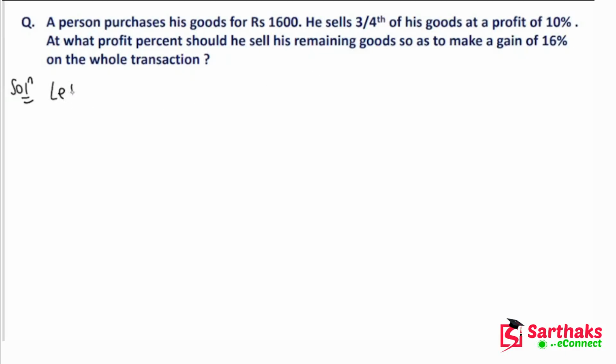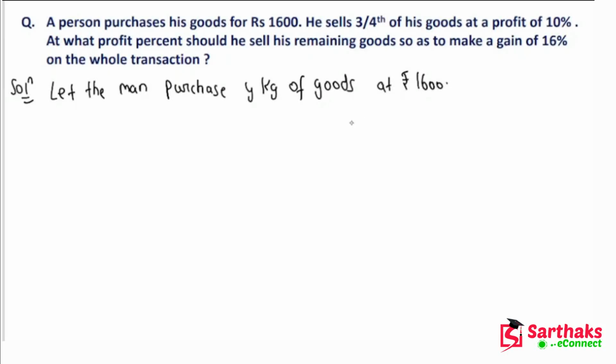So we can write, let the man purchase y kg of goods at rupees 1600. So he purchased some goods, y kg, at 1600. Now he sold 3/4 of them at a profit of 10%.